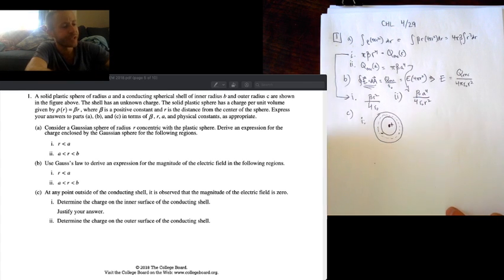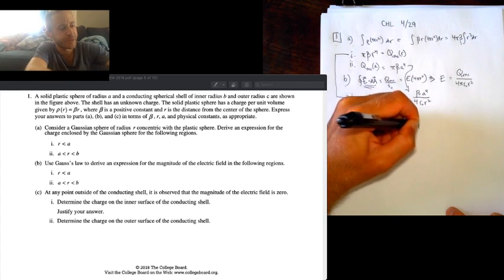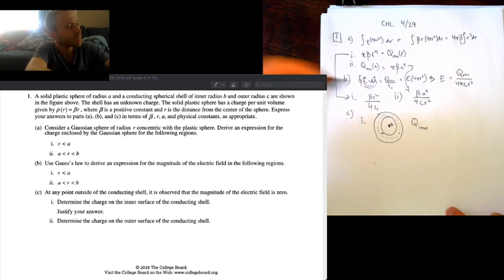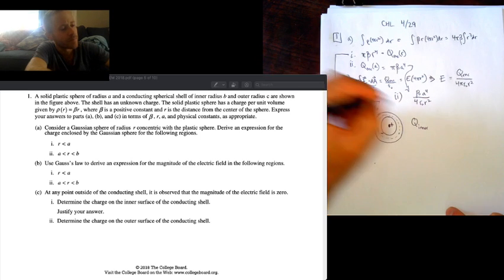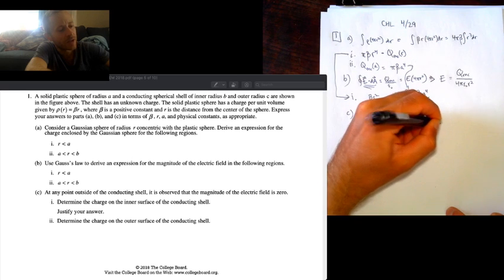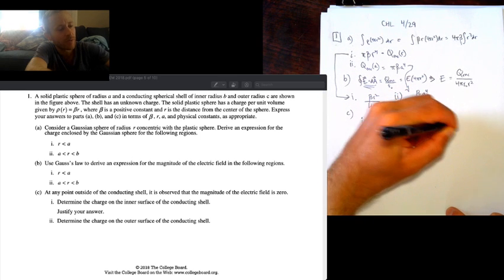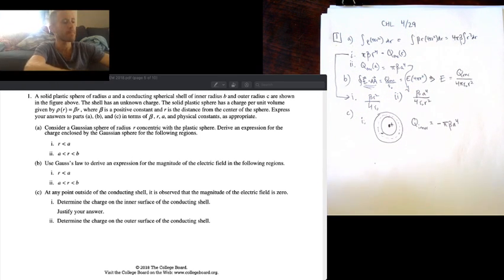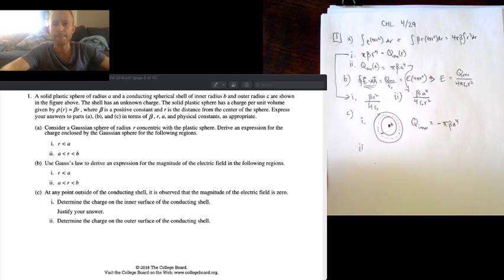So I would say that the charge on the inner surface is going to be minus pi times beta times a to the 4th.